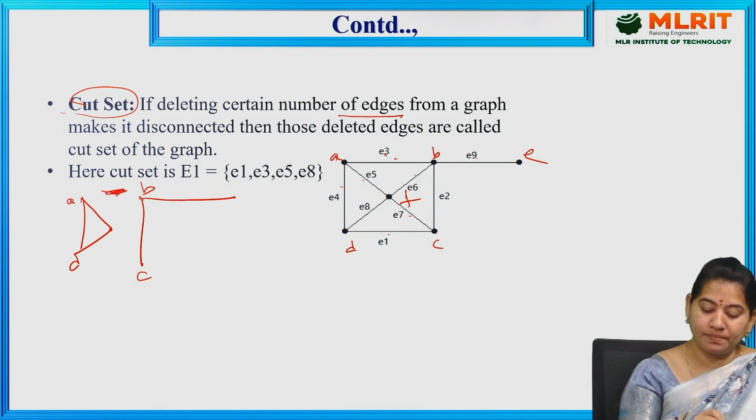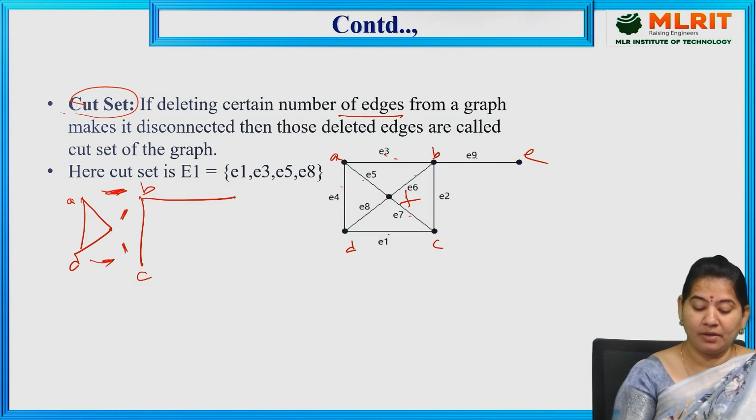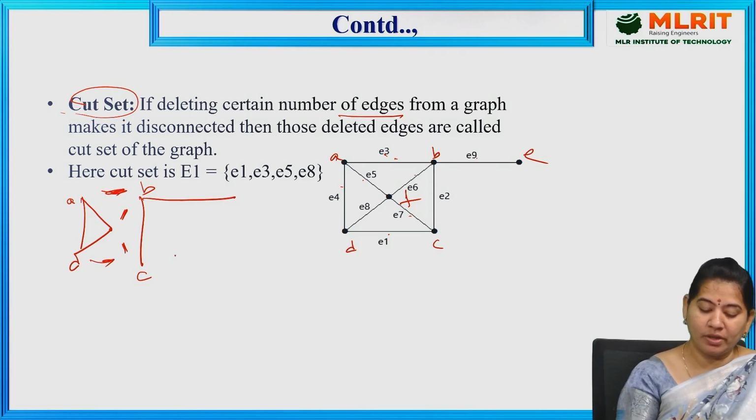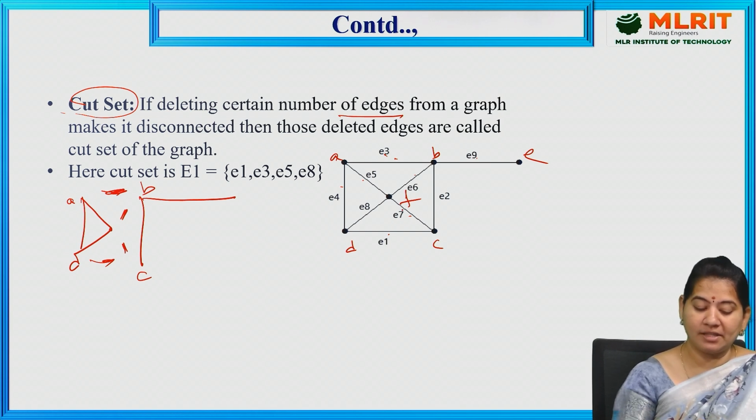One edge, and this is 2, this is 3, and this is 4. So with the combination of these, not only one, you can see how many edges you are removing. Only those edges I can say are the cut set.